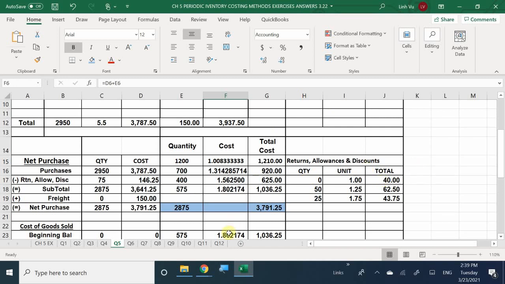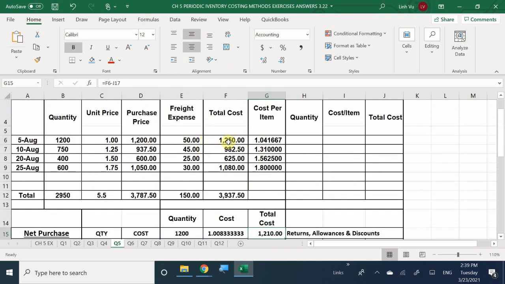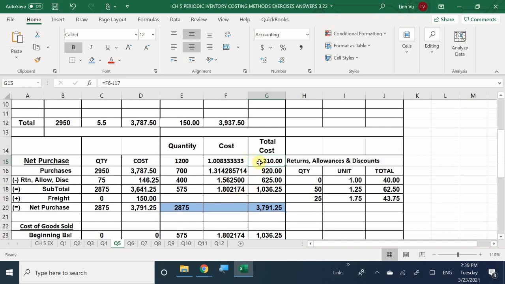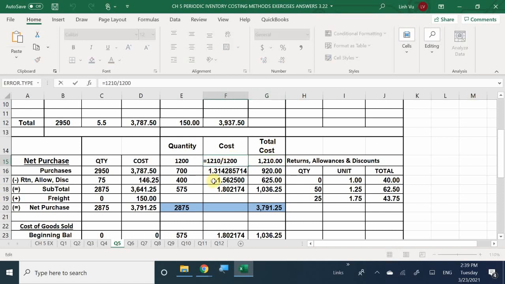Okay? So now here, our quantity didn't change because we didn't return anything. We kept the items. However, our total cost changed, right? It went from $12.50 now down to $12.10 because we have to subtract the $40 out of it. So what this is right here is essentially the new cost per item.